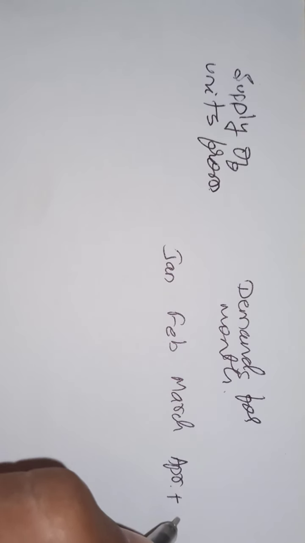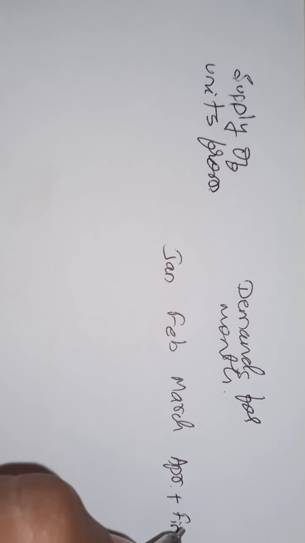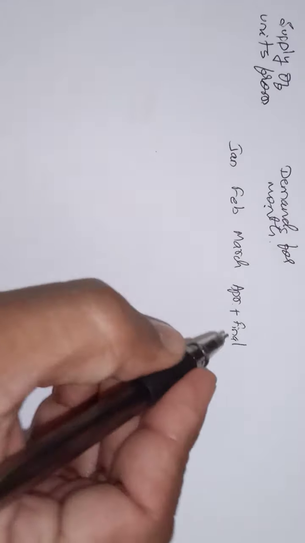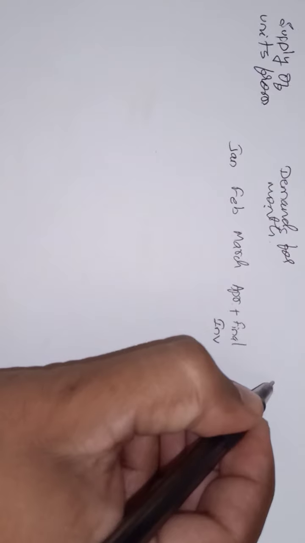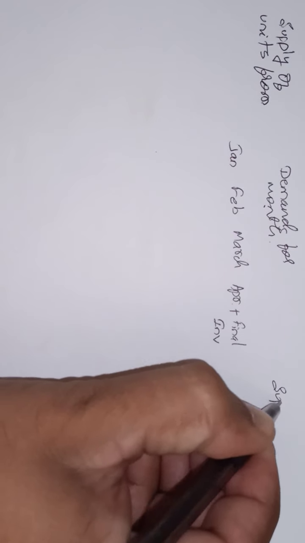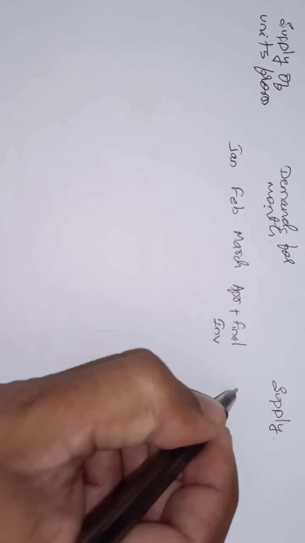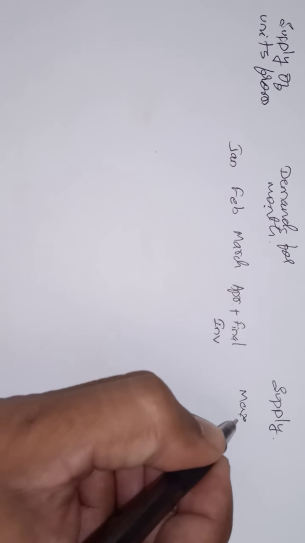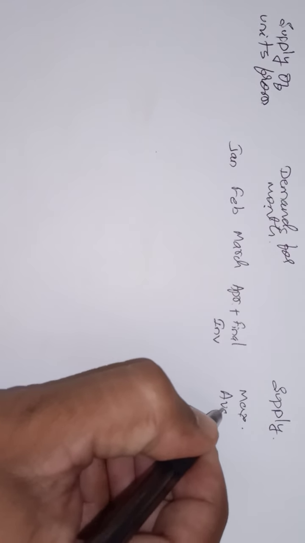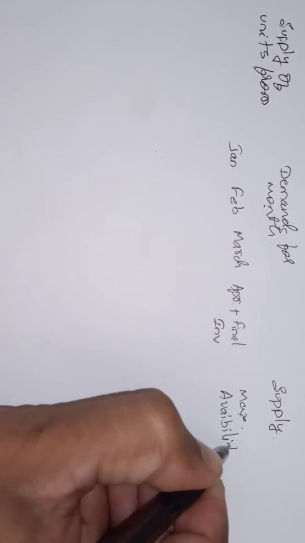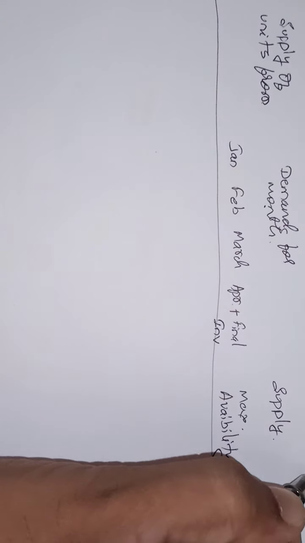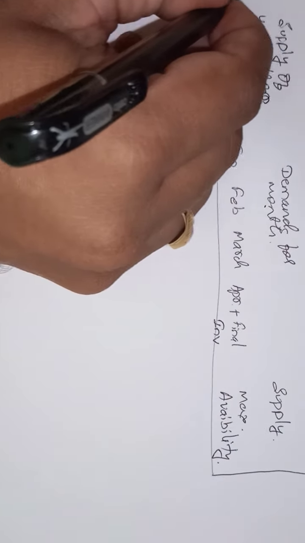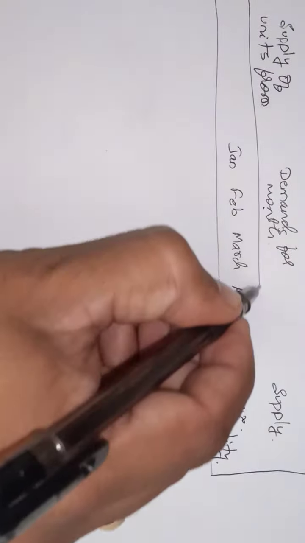In that one they told that you have to add a final inventory. So the last column will be our supply capacity, and here the maximum availability will be there, right? So like this you have to first draw the table over here, right?